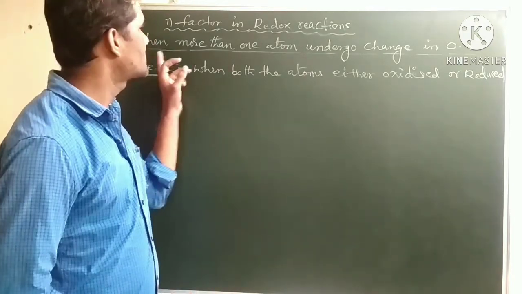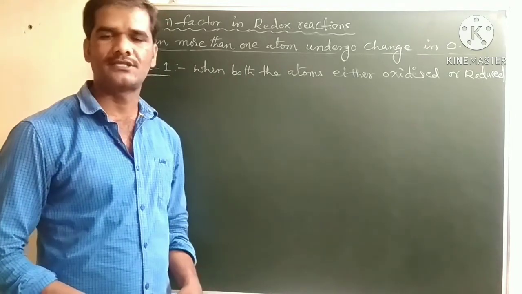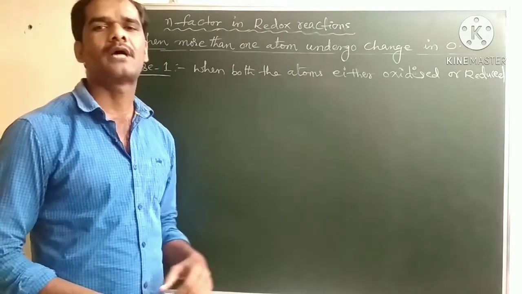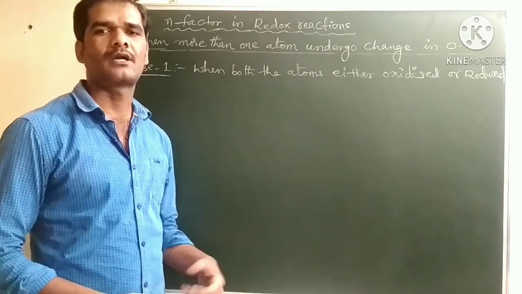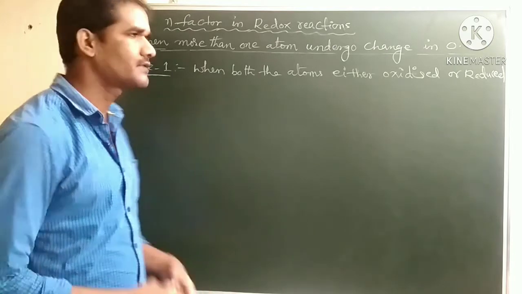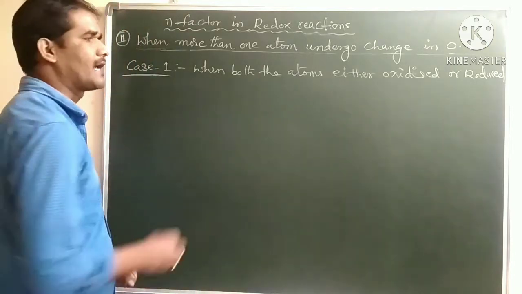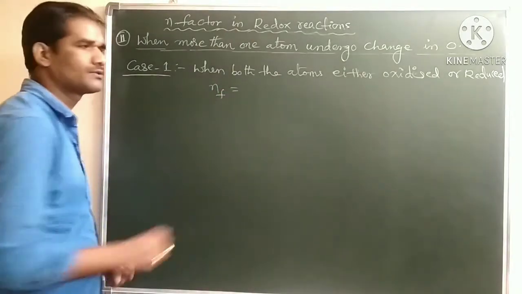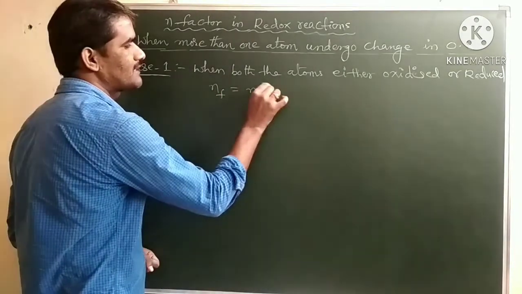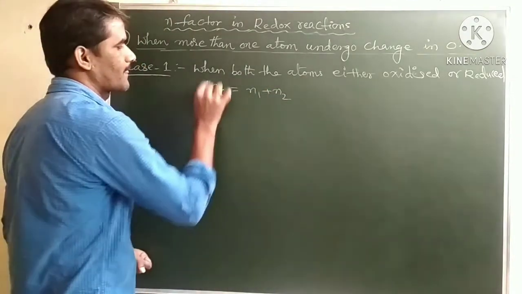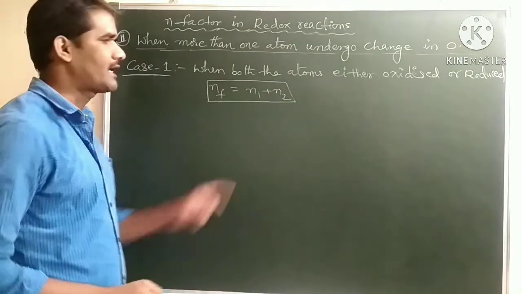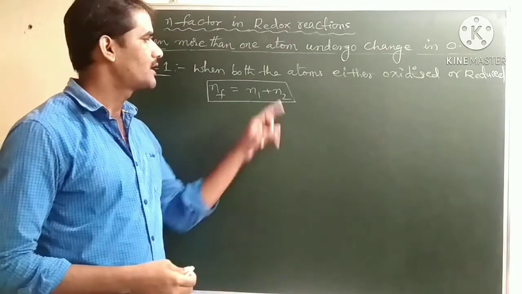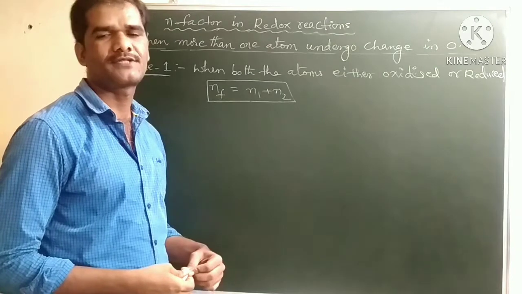First, the condition when more than one atom undergoes a change in oxidation state, and both atoms are either undergoing oxidation or undergoing reduction. In such cases, the resultant n-factor is n-factor equals n1 plus n2, where n1 means the change in oxidation state of the first element, and n2 the change in oxidation state of the second element.